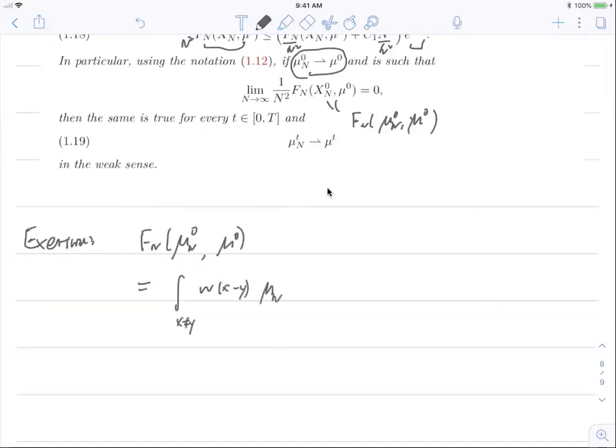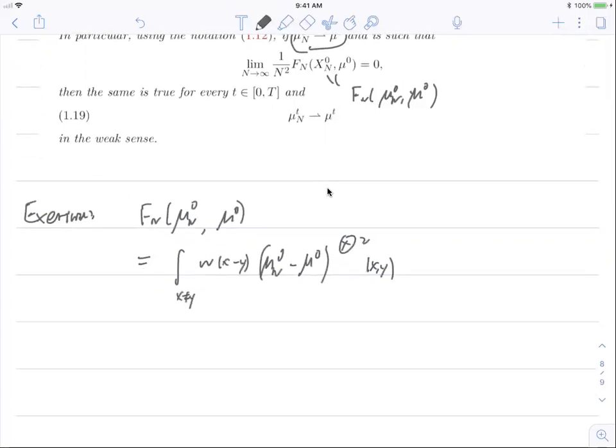Let me just be a little bit lazy, so this is the square of x minus y. You integrate with the tensor product of mu_n^0 minus mu^0. So you need to assume the convergence initially, and then you propagate this.